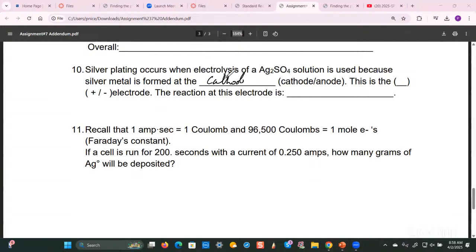All right. And then it says this is the plus or minus electrode. So which one is it going to be? Minus. And the reaction at this cathode is, so I think they're asking for the equation. It's silver ions plus what?